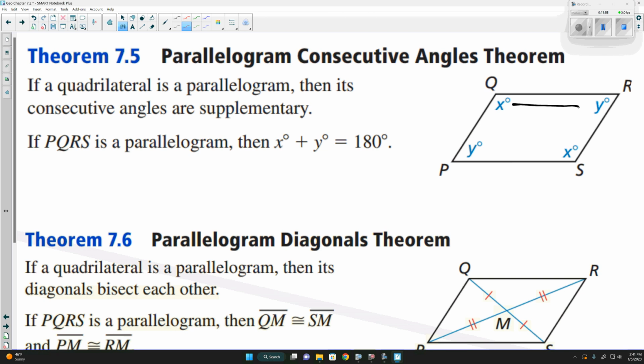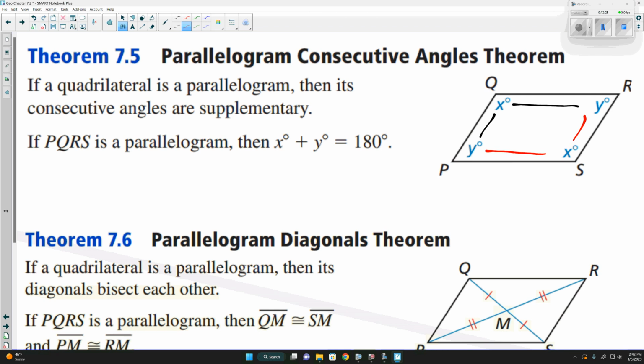These two and these two here are going to be supplementary angles. Or it could go the other direction. We can say these two and these two are supplementary angles. No matter which way we go, the consecutive angles are going to be supplementary. Y plus X will always be supplementary.